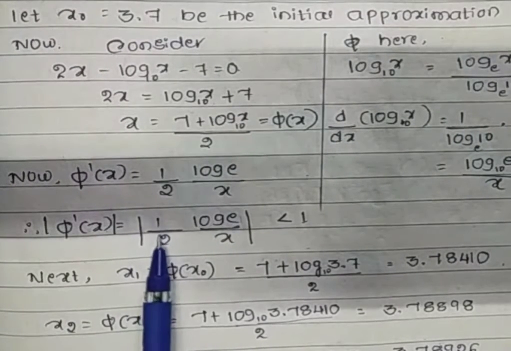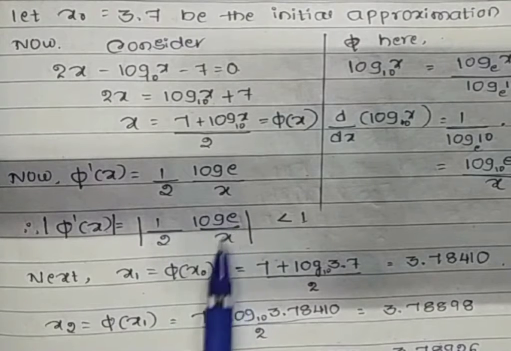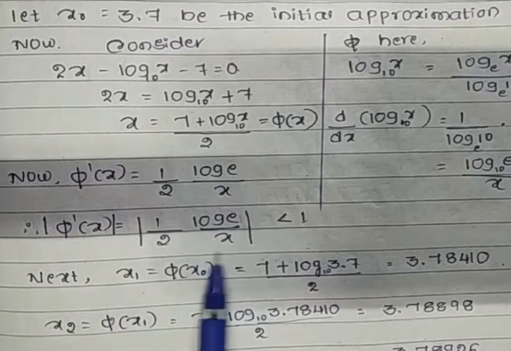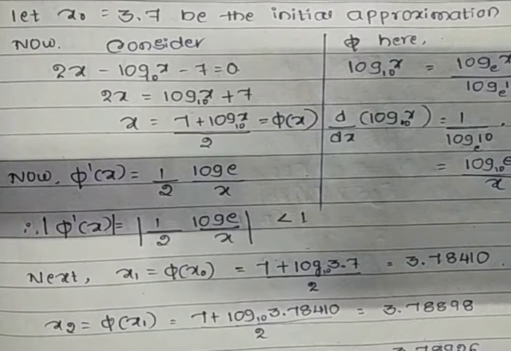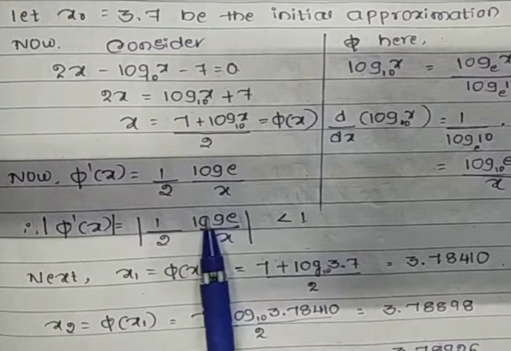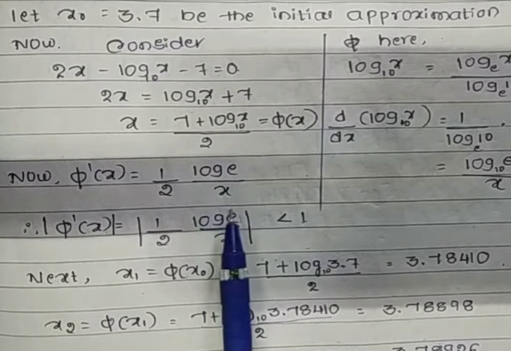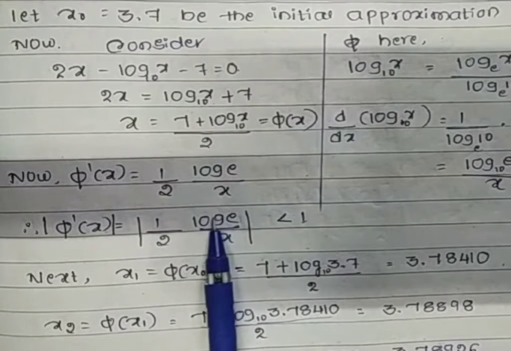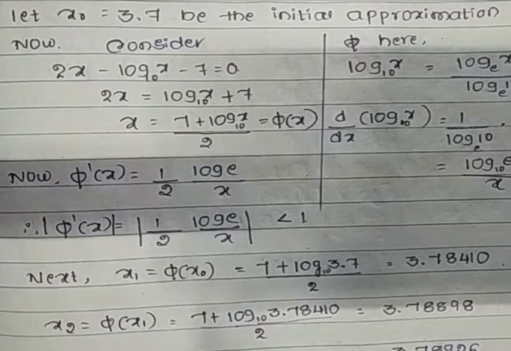See, 1 divided by 2 log e divided by, replace this x using 3.7, because we are considering the x naught value as 3.7. One more thing you can observe: the log e value is 0.43429 something.